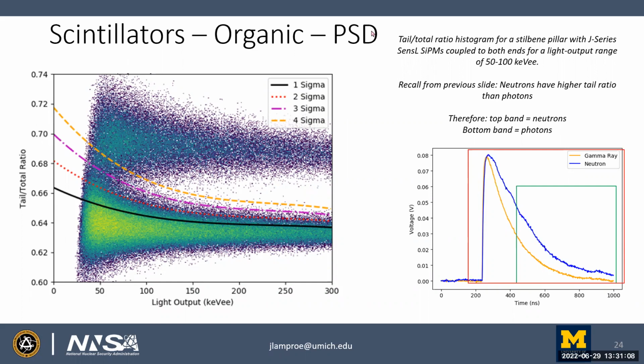I think there's another question. Oh, I think Ibrahim just wants clarification on what the mechanisms are for the moderated and the fast neutron detectors. Like the physics interactions, the type of interaction.